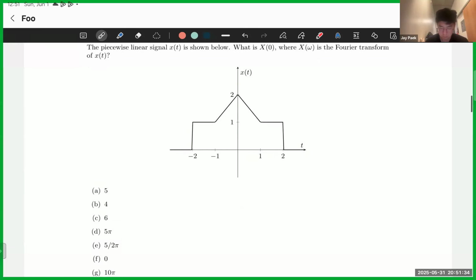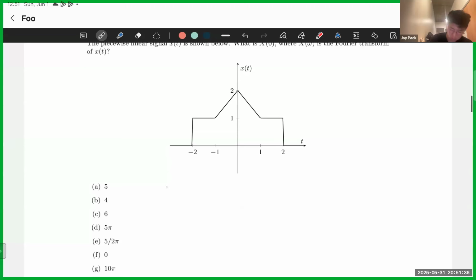It's the same exact thing where we know that the total energy of a signal is equal to, please correct me if I'm wrong, but I believe it is 1 over 2 pi of the integral of the Fourier transform squared.